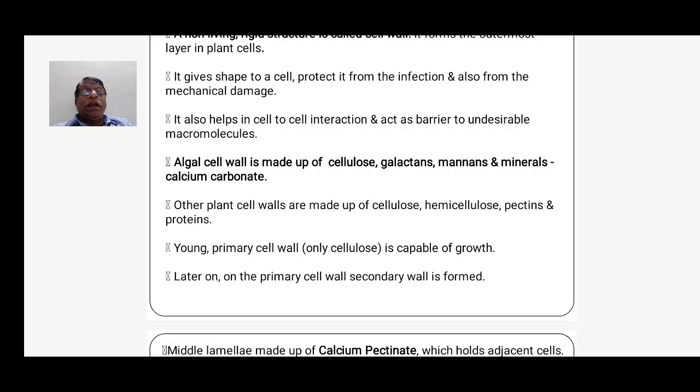What is the function? Protection. Not only protection, it prevents the cell from infection.